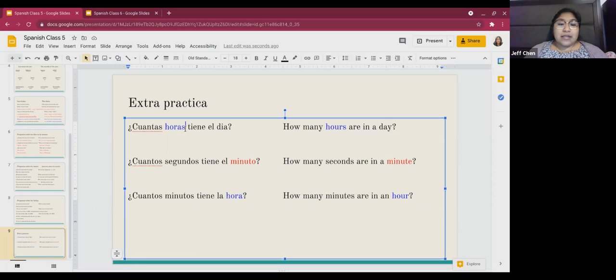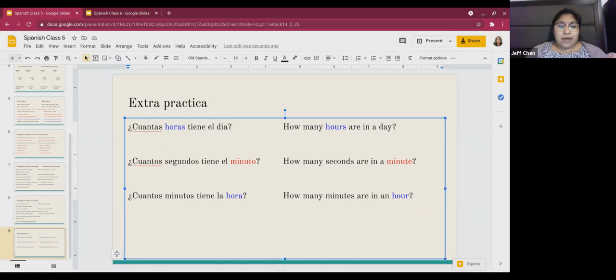So, horas, as you see right here, I color coded it. Horas means hours. Okay. So, ¿cuántas means how many, right? Tiene means to have, right? And el día means a day. ¿Cuántas horas tiene el día?